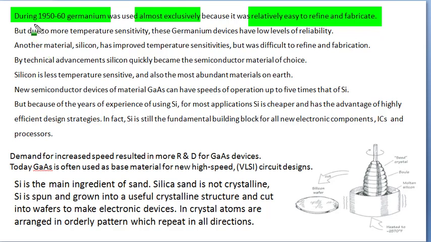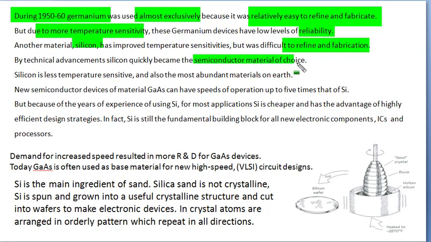But due to the problem of temperature sensitivity, the reliability of germanium devices is not good. So silicon has replaced germanium. Though it is difficult to refine and fabricate, technical advancements have made silicon the most common semiconductor material of choice, because silicon is less temperature sensitive and also easily available on our earth.